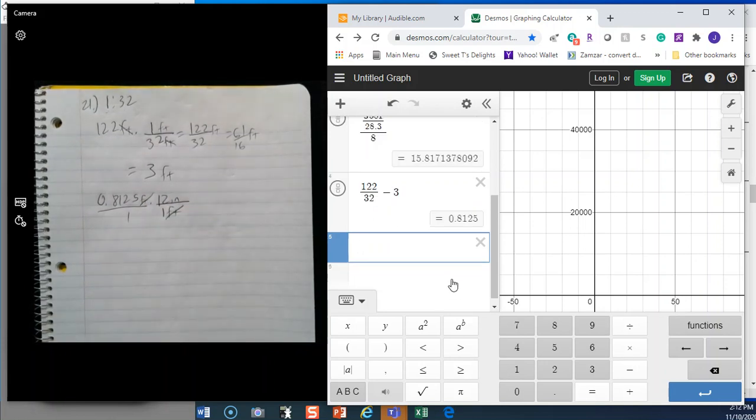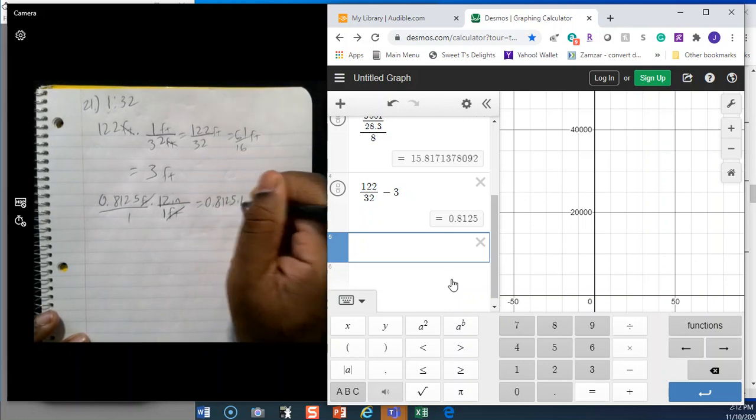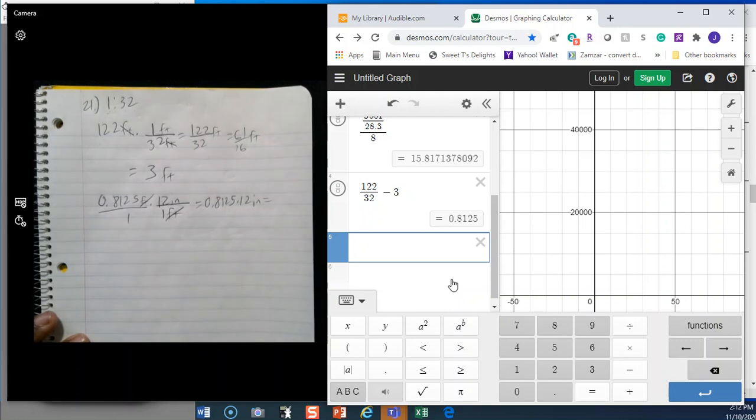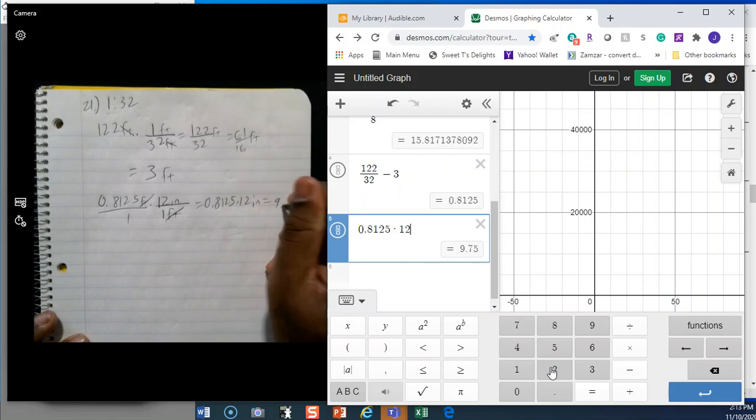So now you will have 0.8125 times 12 inches. So we will multiply that out, 0.8125 times 12, and that would give us 9.75 inches.